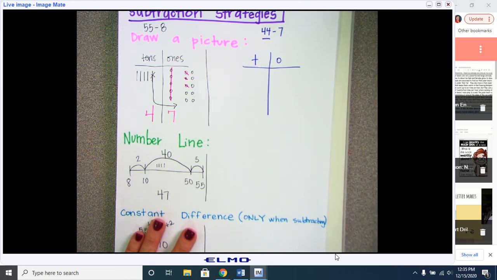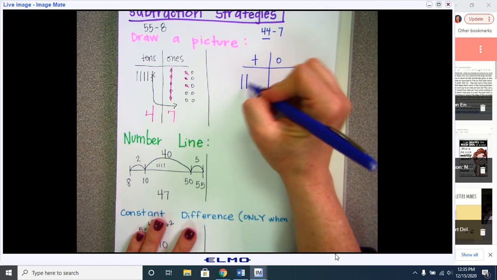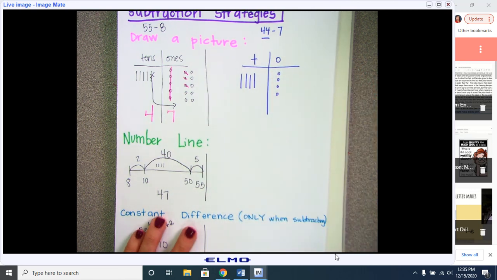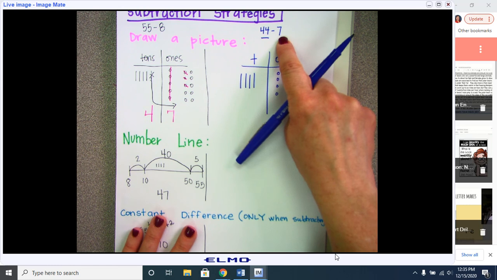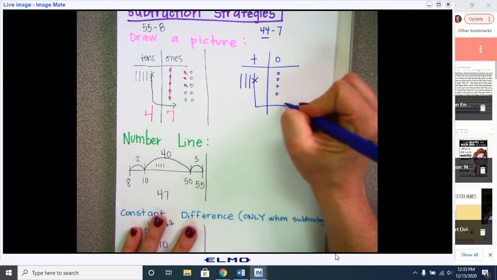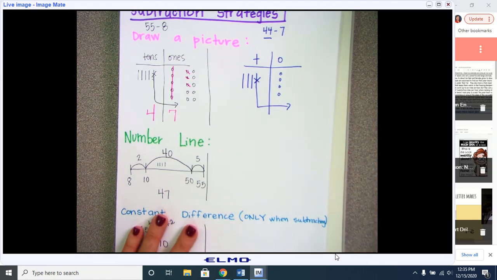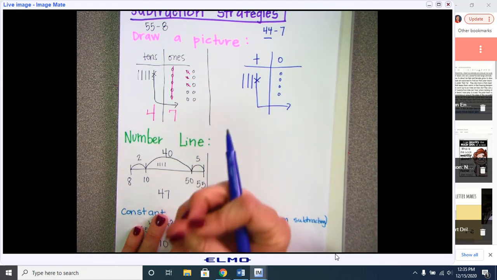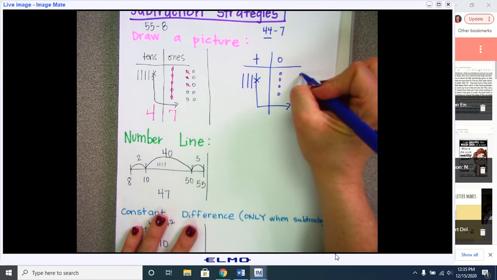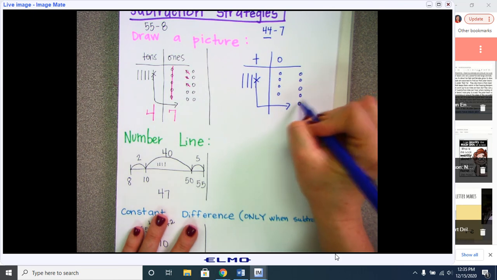Draw the bigger number. 10, 20, 30, 40, 41, 42, 43, 44. Now I have to mark out 7. I don't have enough 1s, so I'm going to regroup. How many 1s are in 10? That's right, 10. So I draw 10 ones.